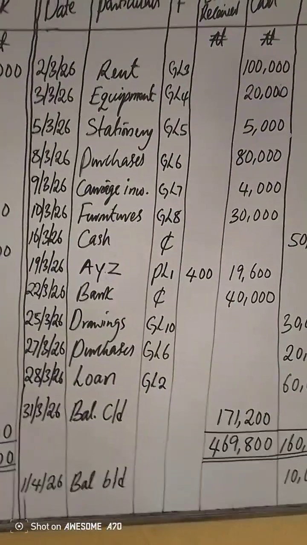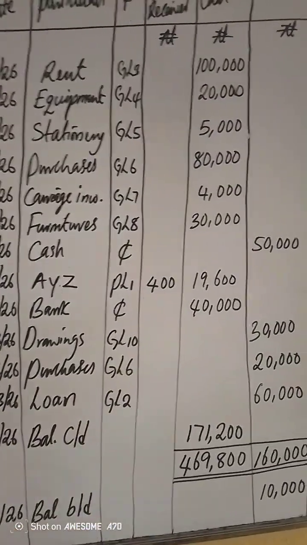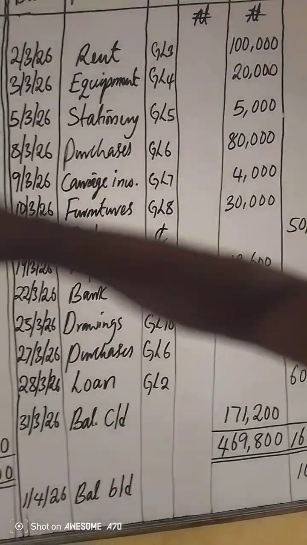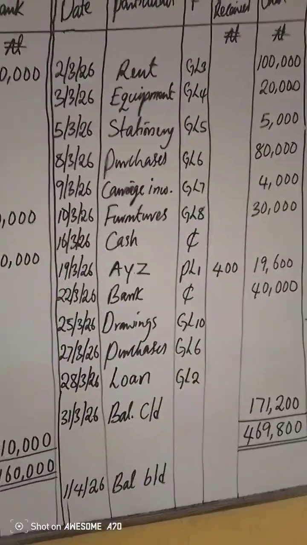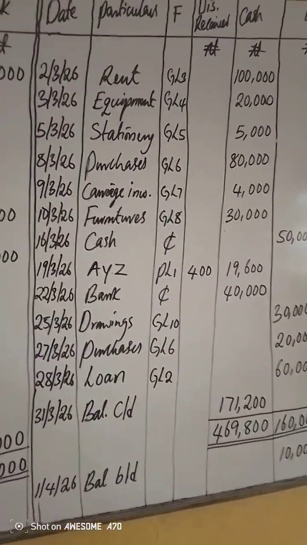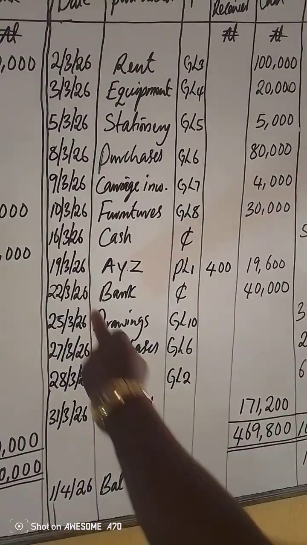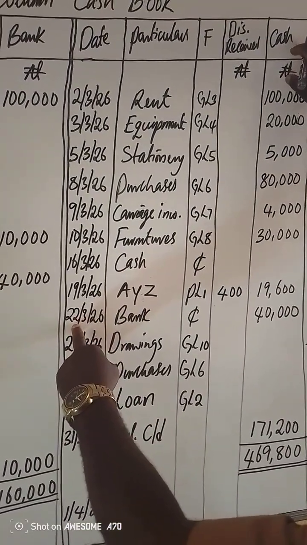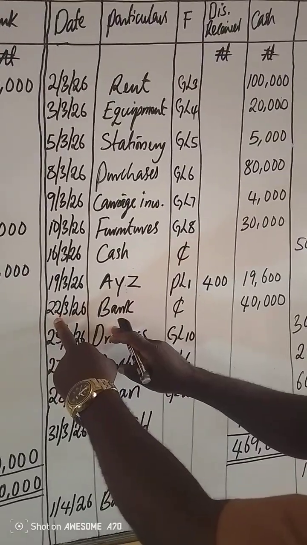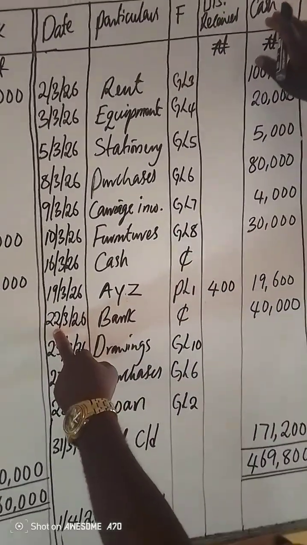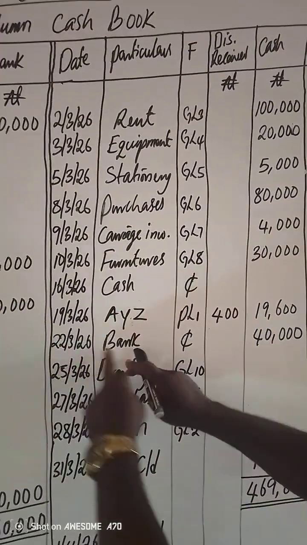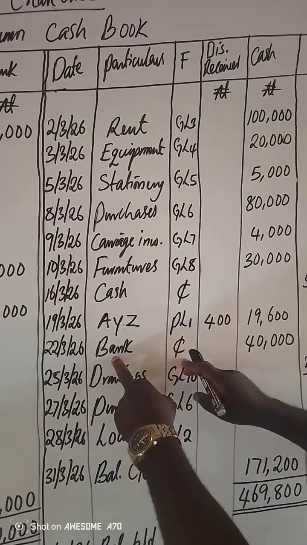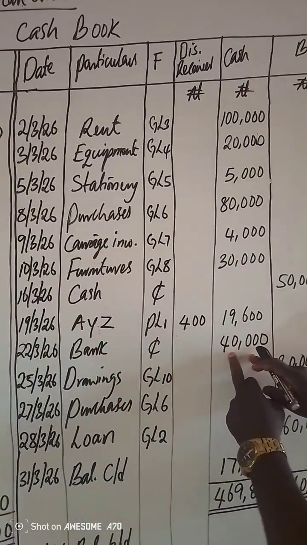So on the 22nd, we have cash given to bank. Cash is the giver account, given to bank. And this is a contra entry, and the amount is 40,000.